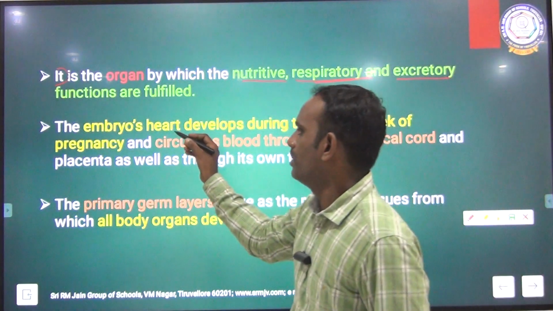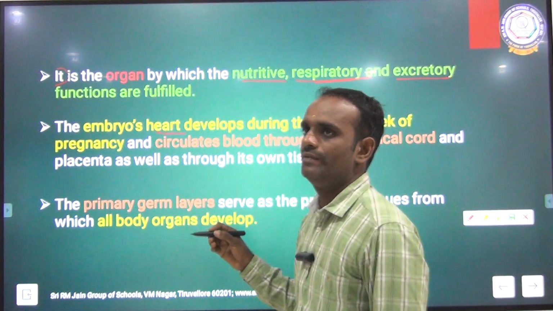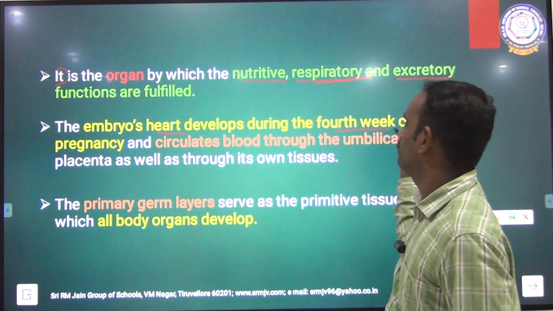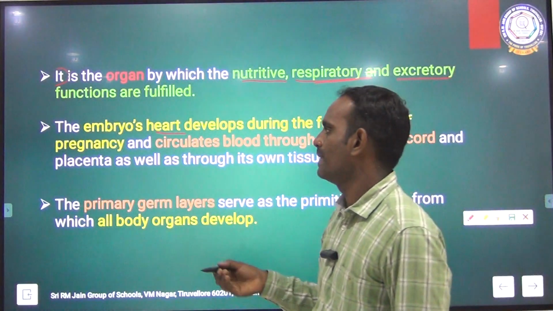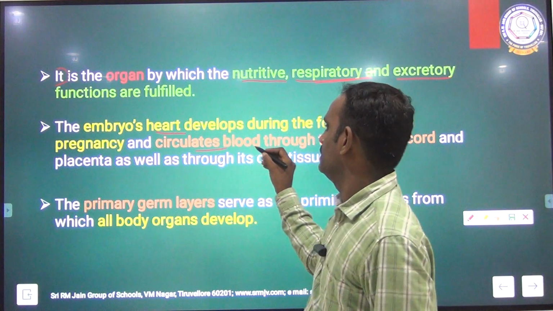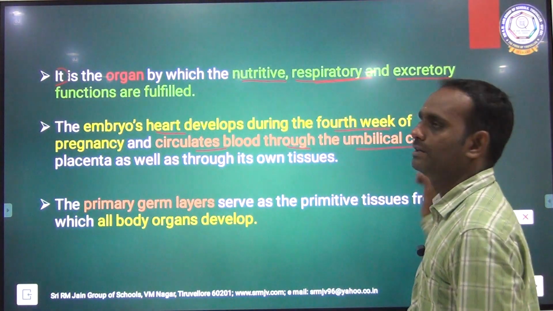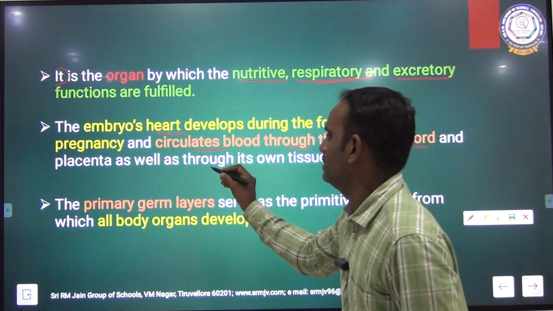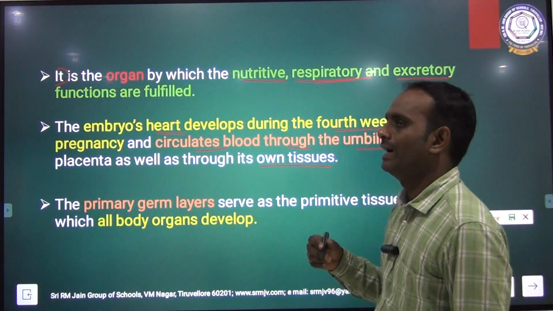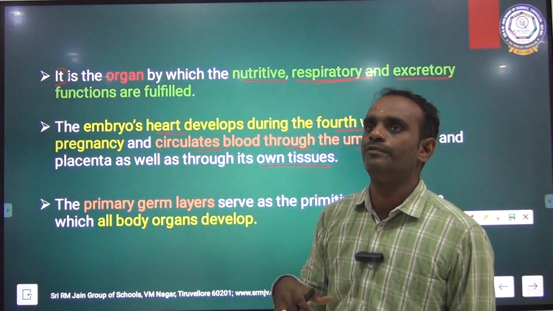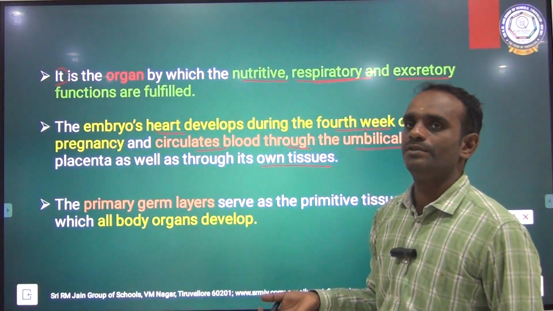Okay. So, the embryonic heart develops during the 4th week of gestation, during the 4th week of pregnancy, and circulates the blood through umbilical cord and placenta as well as through its own tissues. So, the blood circulation and the heart develop only after the 4th week of the embryo's development.